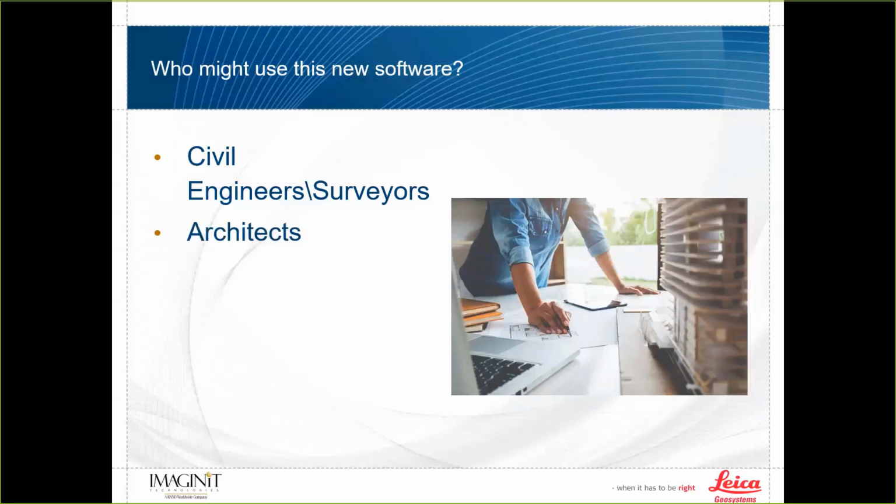We jump over into the architects. By no means is Reshaper, or rather Cyclone 3DR, going to compete with Revit, and that's not its intent. But what it can do is quickly model some existing conditions from point cloud data.